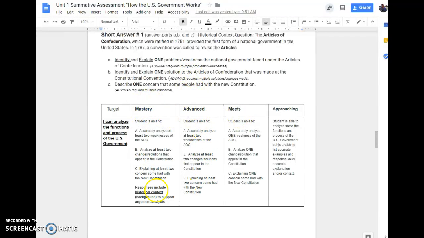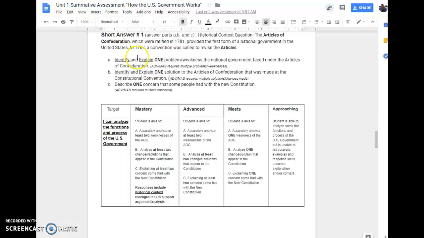If you want a mastery, you have to talk about these things in what we call context, time and place. Why was there a problem with the new Constitution in that time and place? What were people arguing? Think about things like the Bill of Rights. What were people arguing and concerned about when it came to the Bill of Rights and the Constitution?